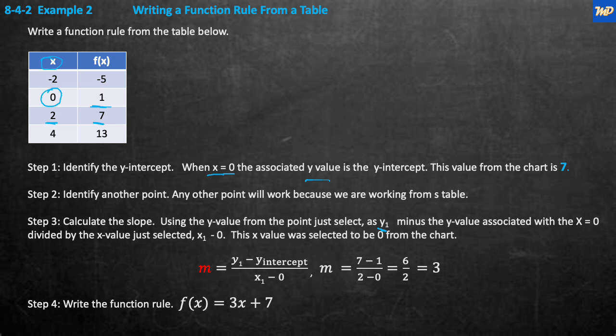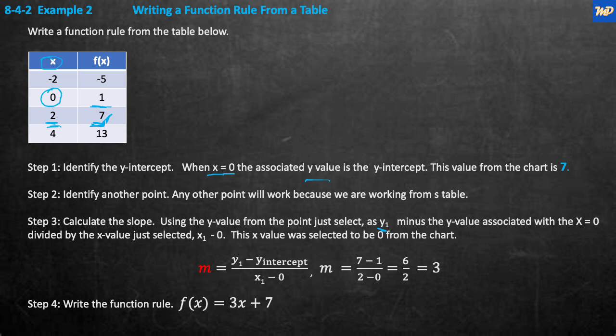This value was selected to be 0 from the chart. Remember that. So we're going to substitute now 7 and 2, the 7 for the f of x and 2 for the x value. So in our formula, the slope m is equal to the y ending value, which is 7, and the y-intercept was 1.